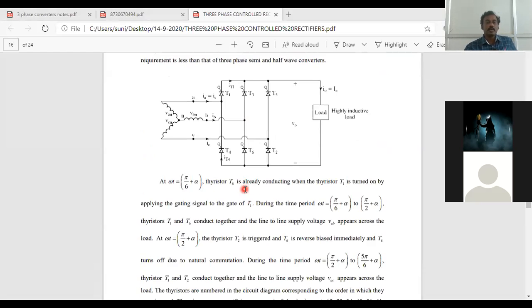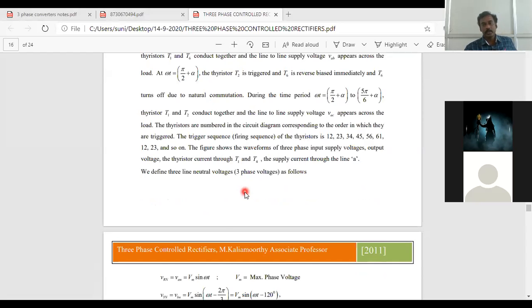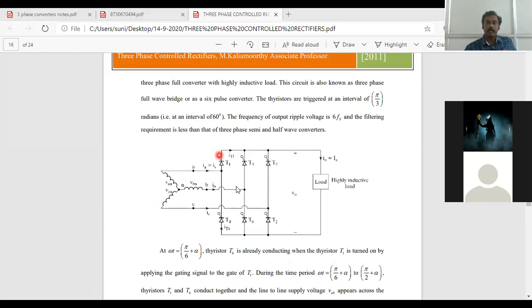Whenever you are going to consider the expressions for the output voltage, always you are going to have the conduction of 120 degrees. So the limits are going to be for a diode or else for an SCR.